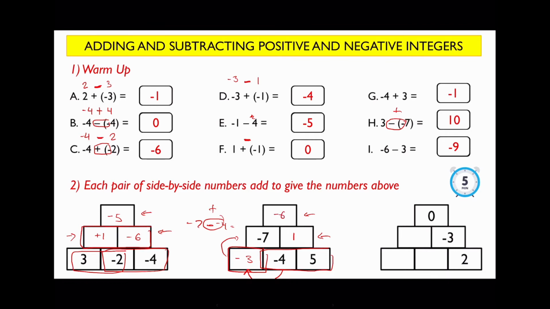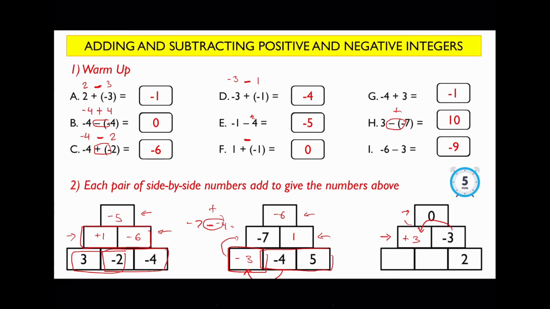And for the last example on this slide, in order to get this, I have to work backwards from the top. So I have to first find out what this is. Since I know that this plus this gives me 0, this must be a positive 3, because a positive 3, when you add the opposite value, is going to equal 0.